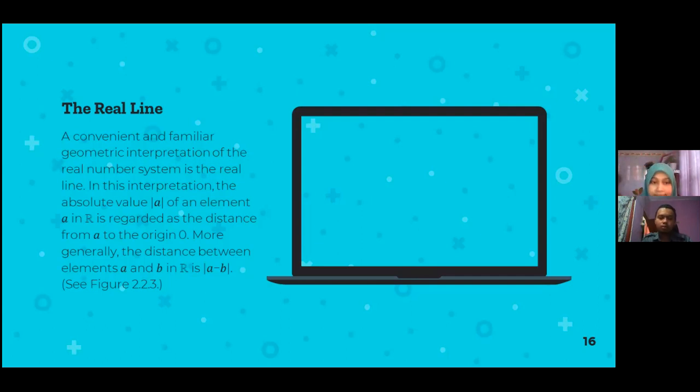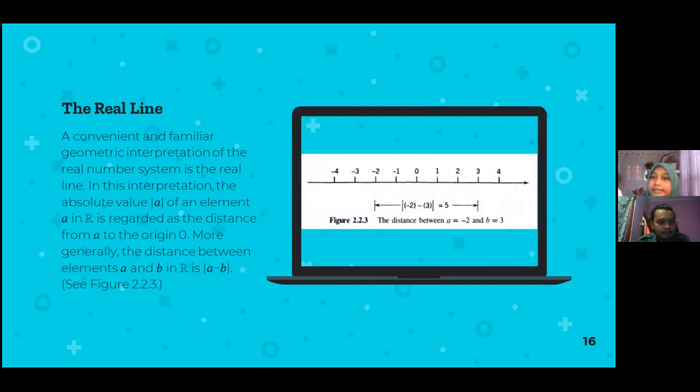More generally, the distance between elements a and b in the real numbers is |a − b|. We can see in this figure 2.2.3 the distance between a = −2 and b = 3. We can get the distance is 5.